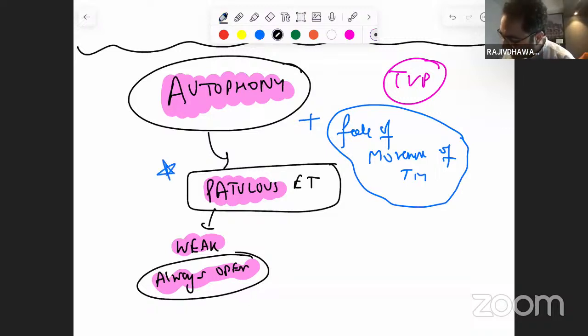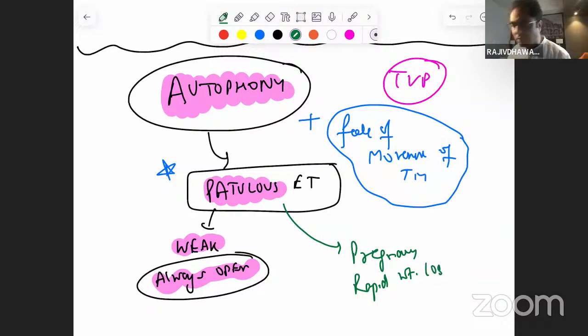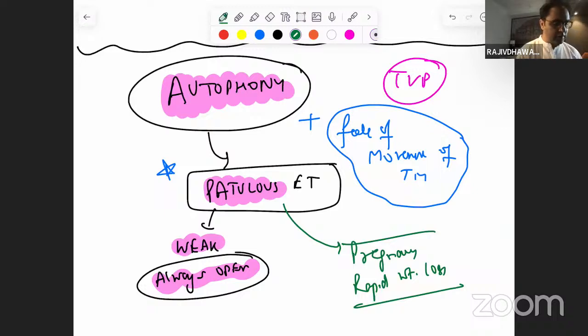Patulous eustachian tube is seen in pregnancy and rapid weight loss, either rapid weight gain or rapid weight loss, beta. Okay, fine.